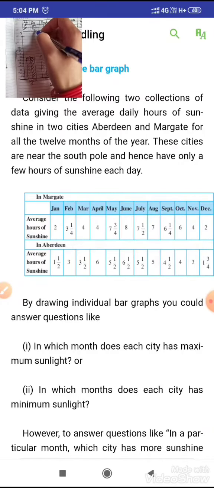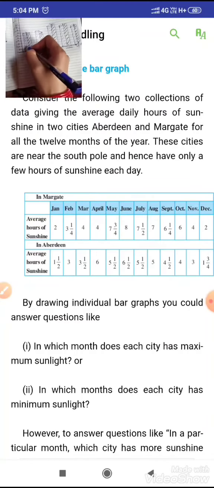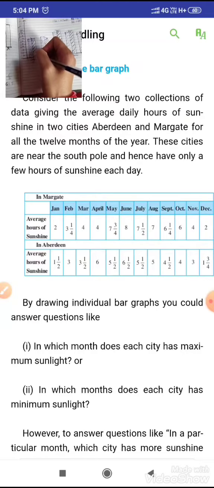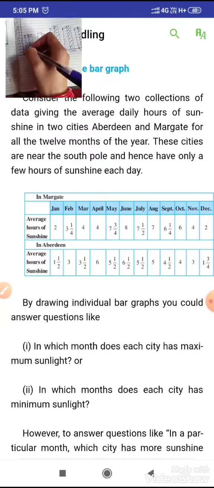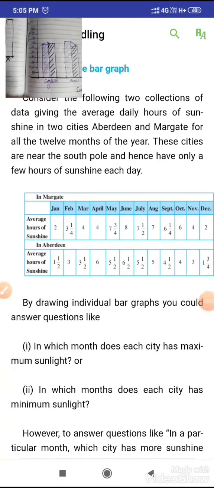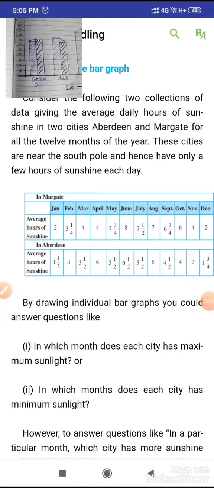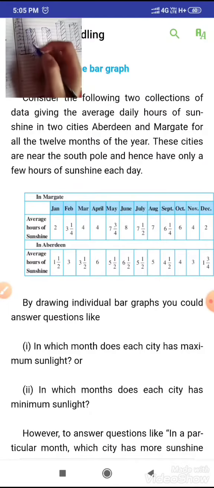So for plotting this graph, first we draw a bar for the first term and then for the second term. These two bars are drawn one after the other. It means there is no gap between these two bars, which represent a single subject.